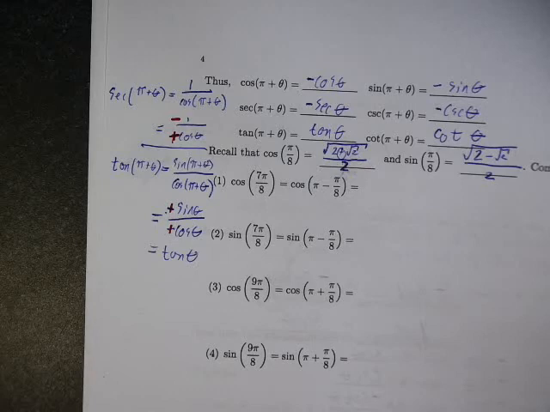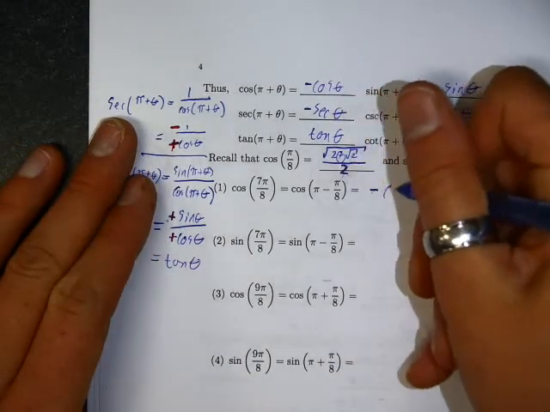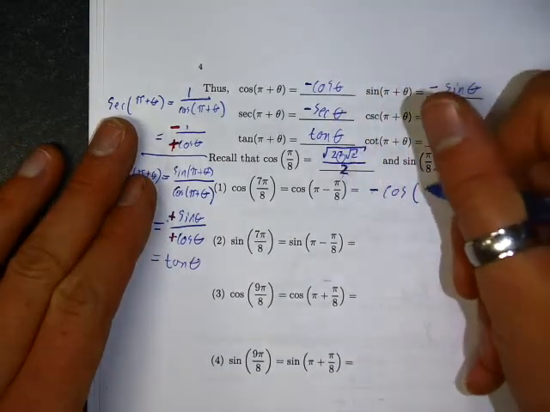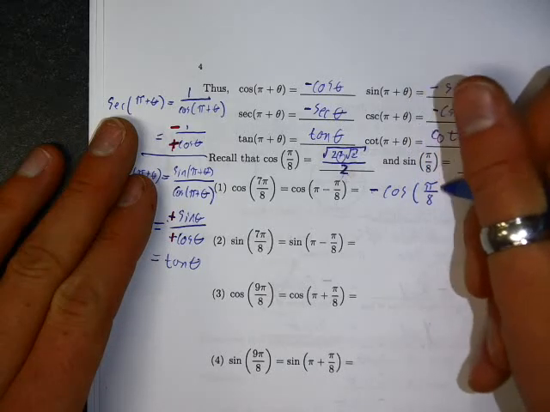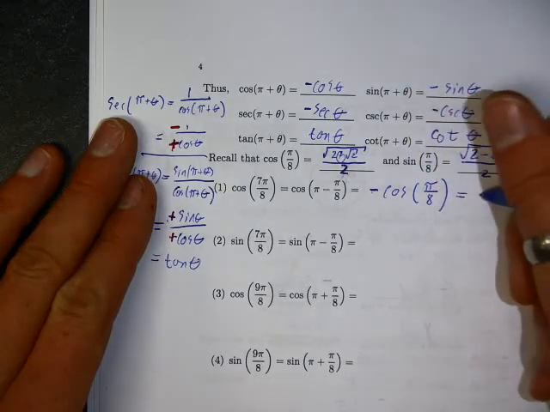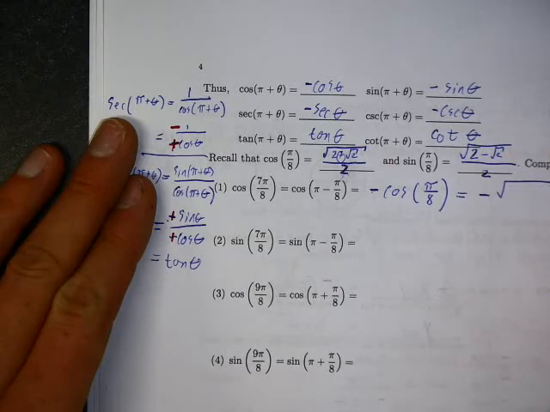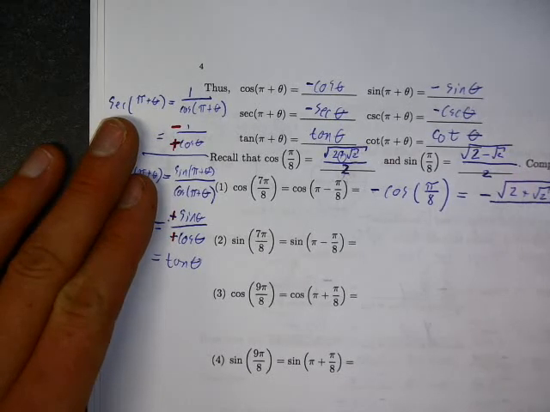It's even written down. What's the cosine of pi minus an angle? Negative cosine of that angle. So this will be negative the cosine of pi over 8. And we know what the cosine of pi over 8 is. So that'll be negative square root 2 plus square root 2 all over 2.